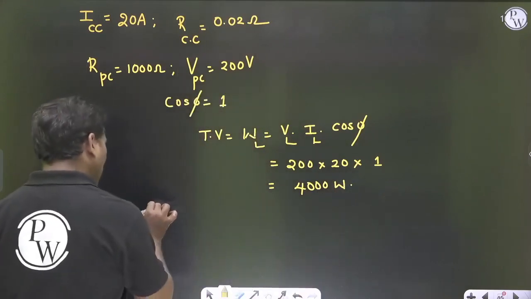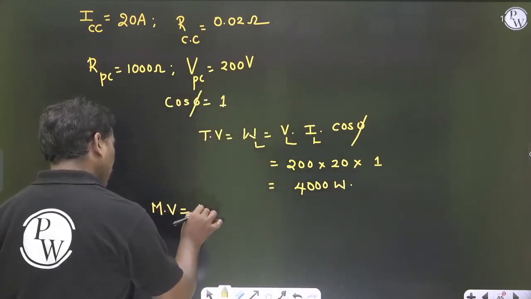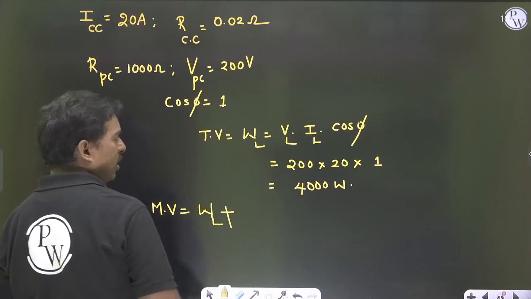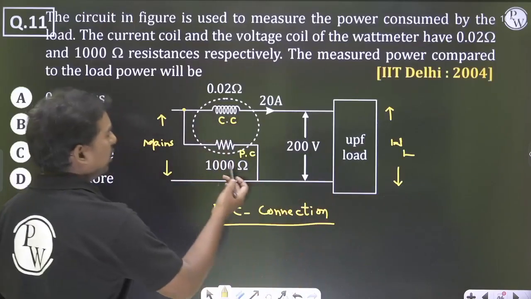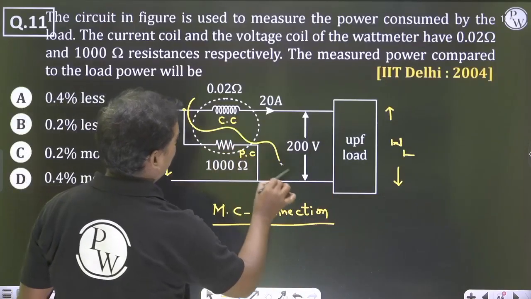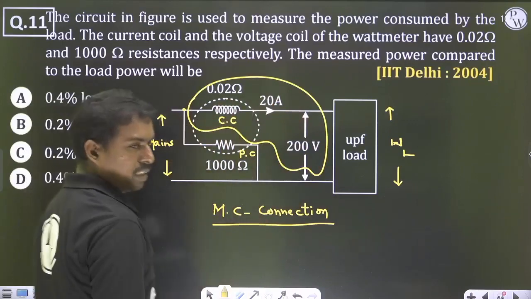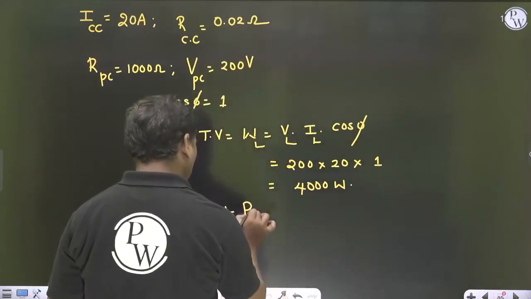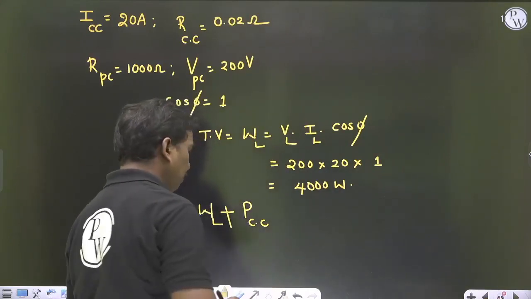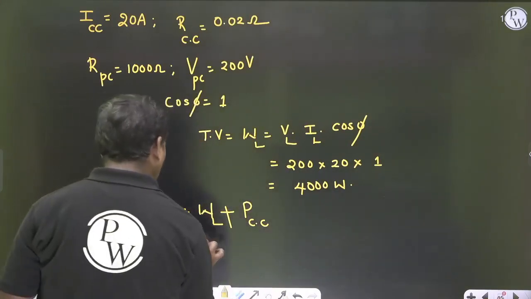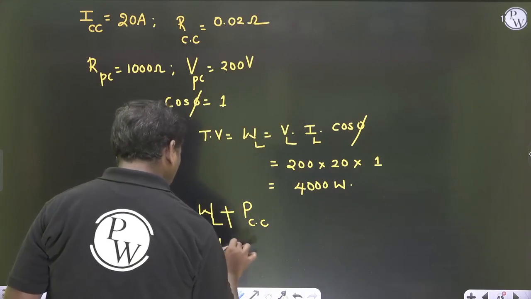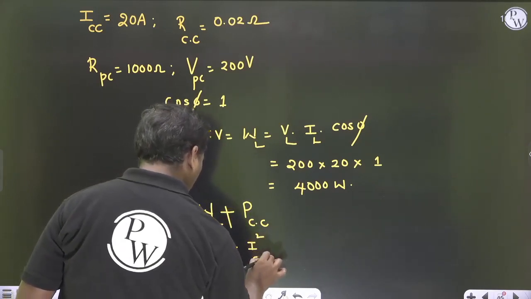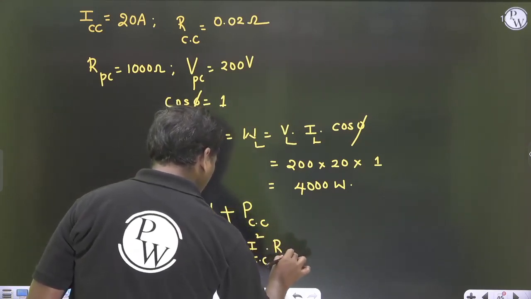But what will the measured value be? In addition to this, there is power in the current coil. So the power due to the current coil is the current passing through the current coil squared times the resistance of the current coil.